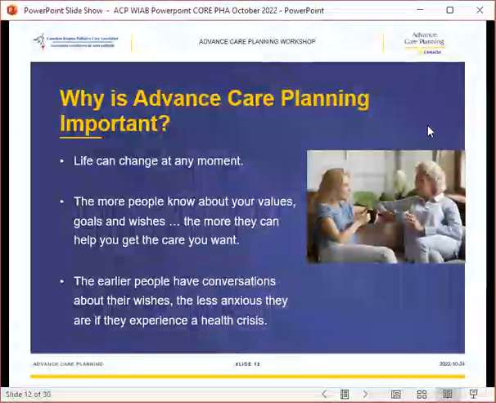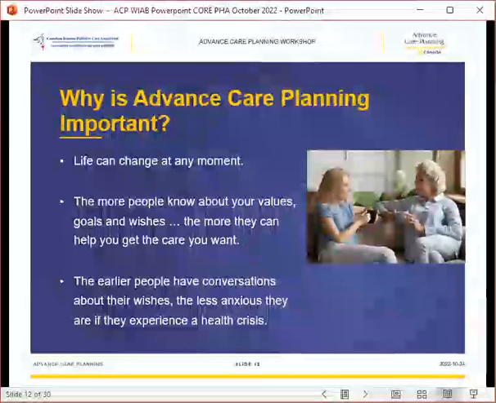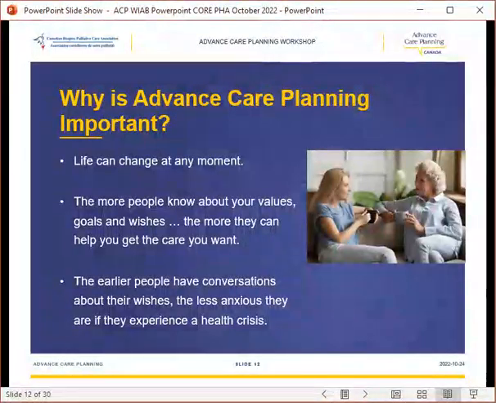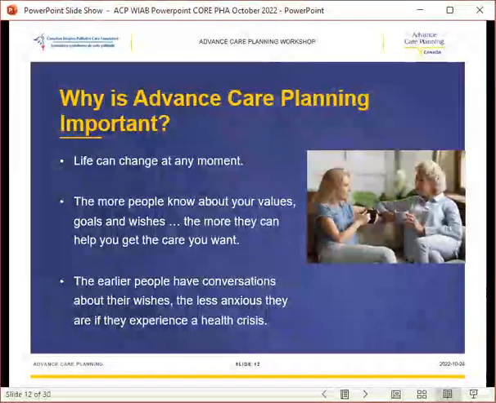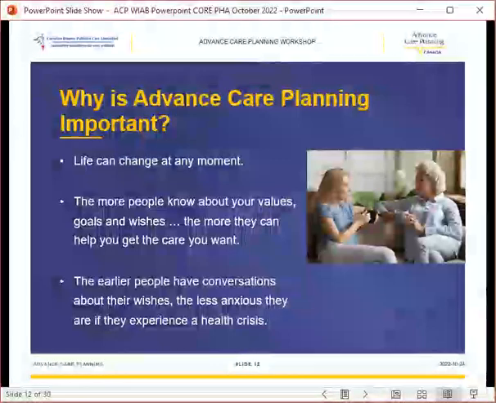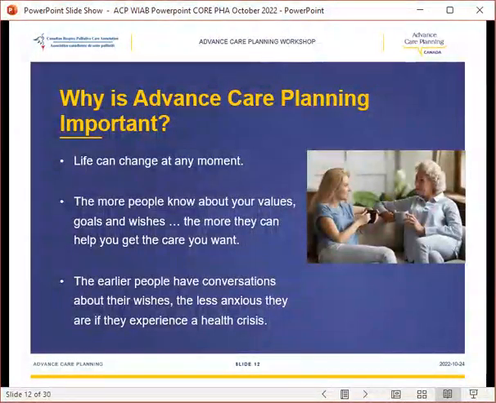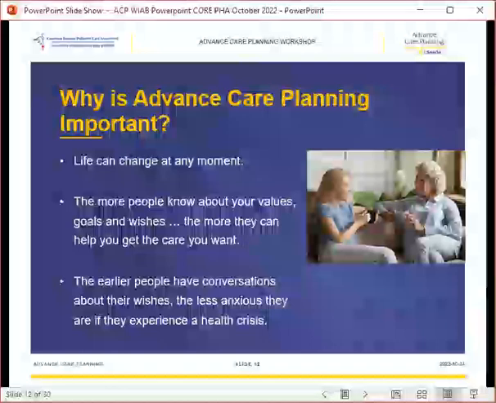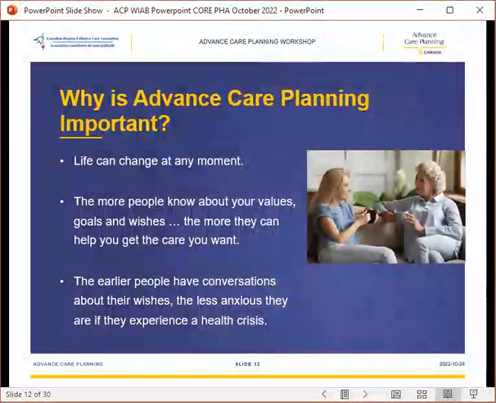Now, why is advanced care planning important? Well, it's important because life can change at any moment. And I think some of you know something about that in relationship to having a diagnosis, and now potentially living with and caring for yourself with certain illness.